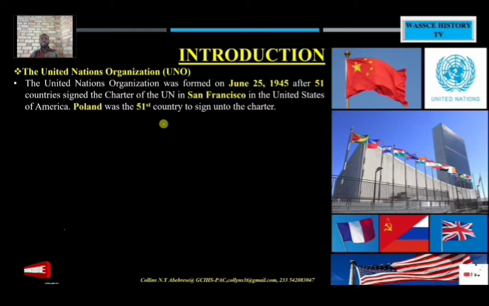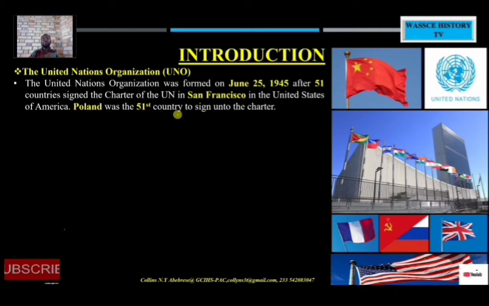So let's begin with the first one. Now, the United Nations Organization, popularly known as the UN. But before we look at the UN, when Ghana gained independence, there was the need for Ghana to join other international committees around the world, because as an independent nation, you couldn't stay alone, and even as an individual, you can't stay alone.